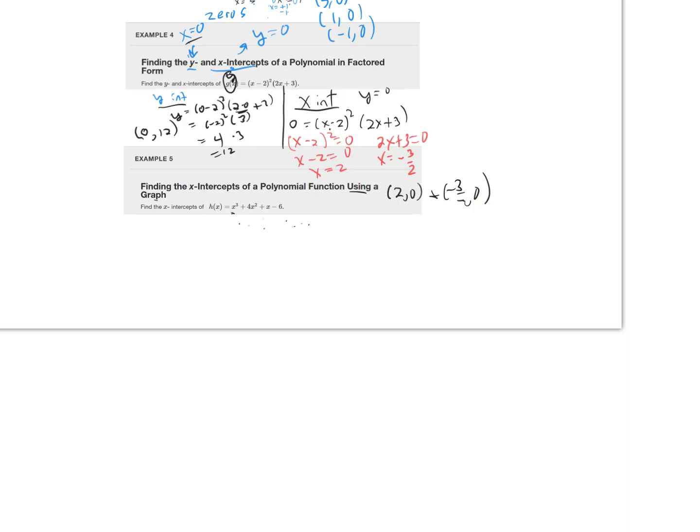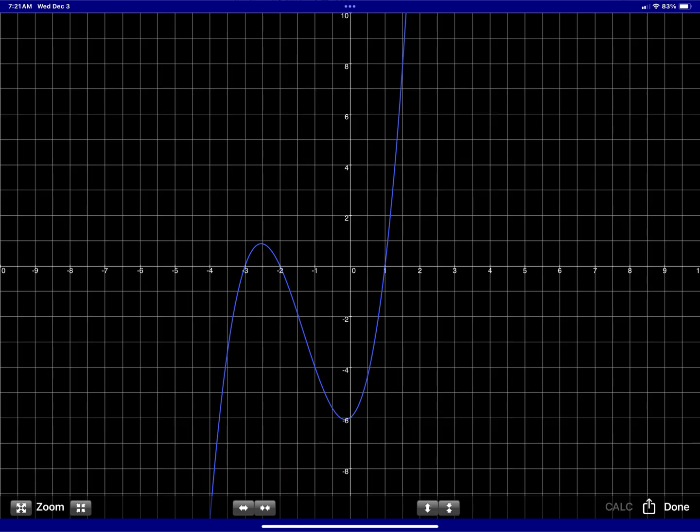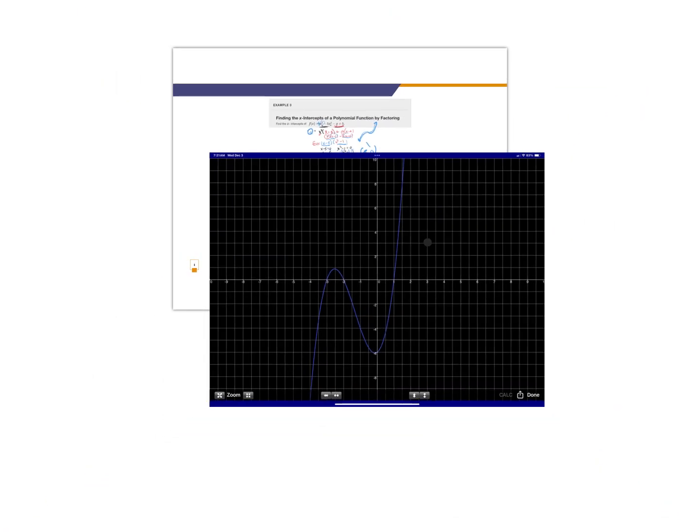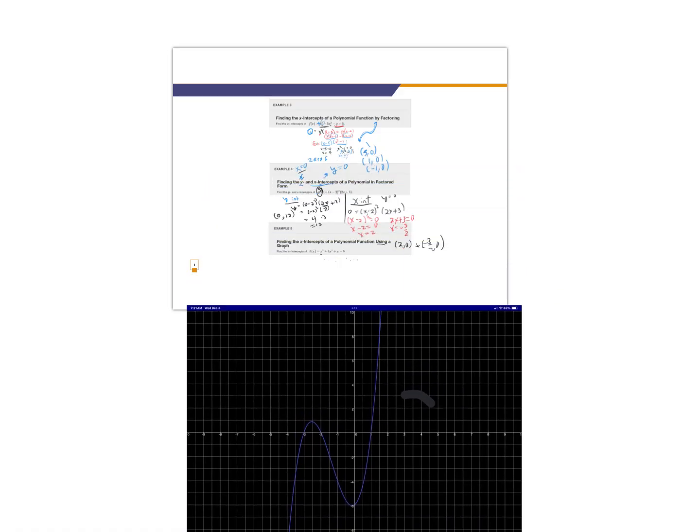Okay, I'm going to paste my graph here. Okay, I don't know how much of it you saw me putting there, but there's my picture.